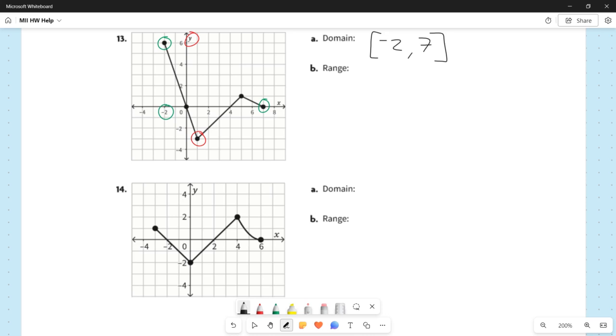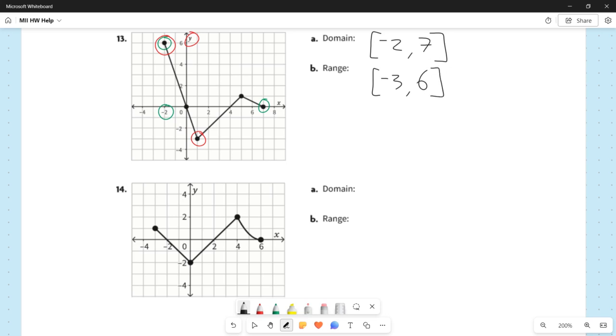It includes the -3, so we're going to use a bracket. Lower bound is -3. The upper bound is also this point, and that largest y value is 6. We want to include the 6, so we're going to use a bracket.